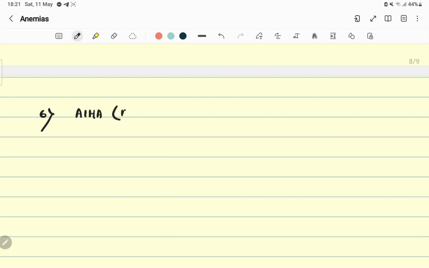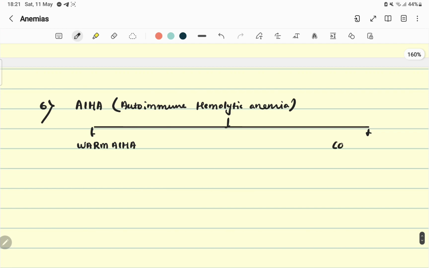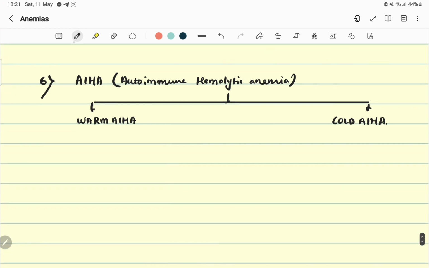You must have heard of autoimmune hemolytic anemia. It has basically two types: warm AIHA and cold AIHA.